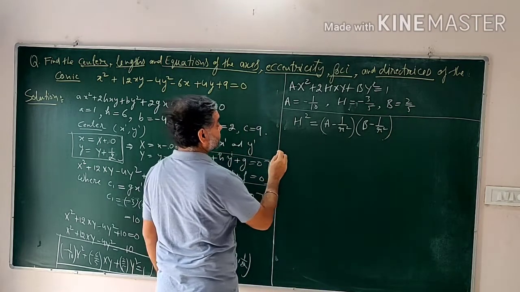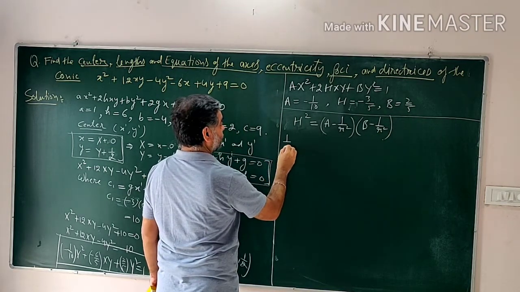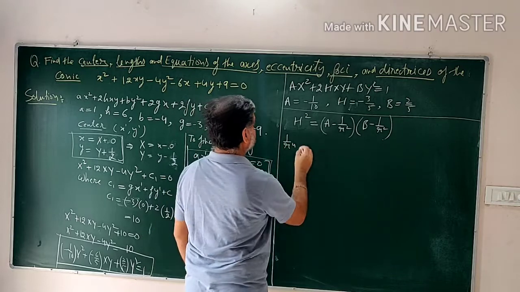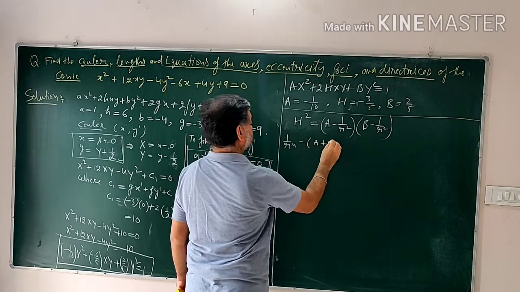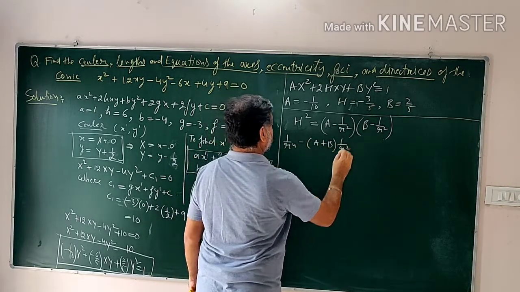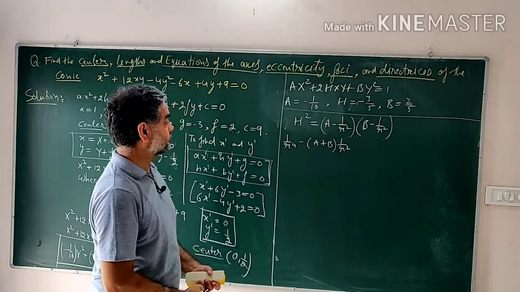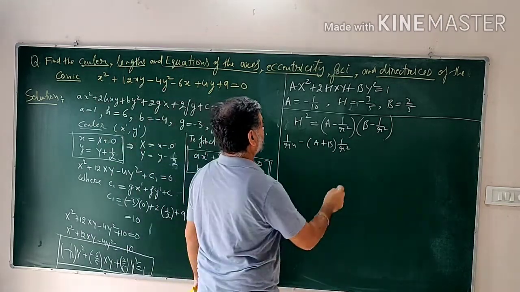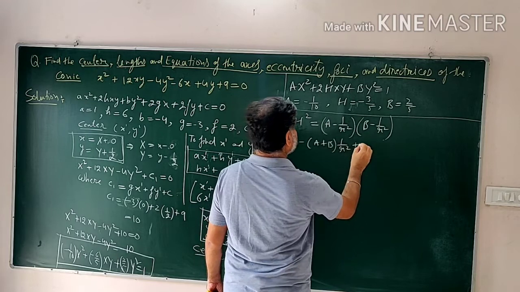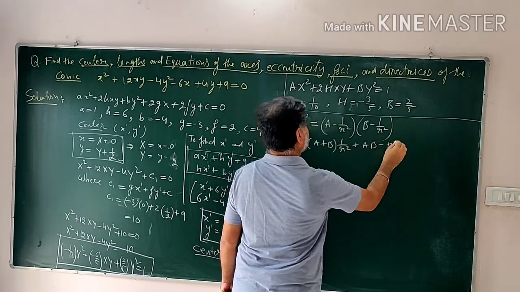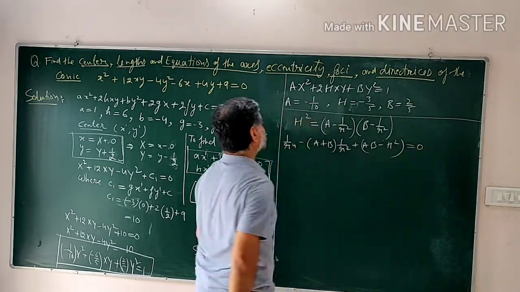So this equation can be written as 1 over r^4 minus (a plus b) 1 over r square plus ab minus h square is equal to 0.